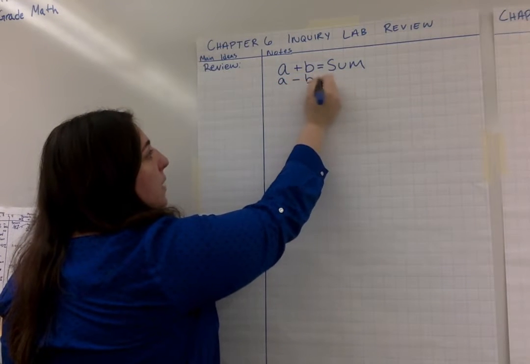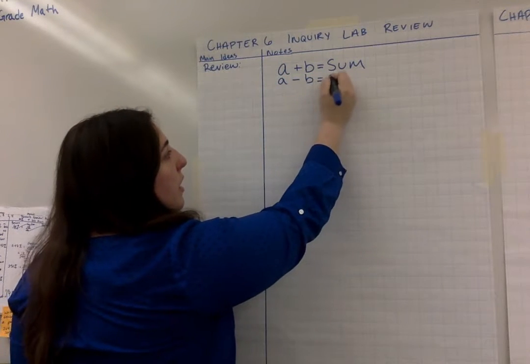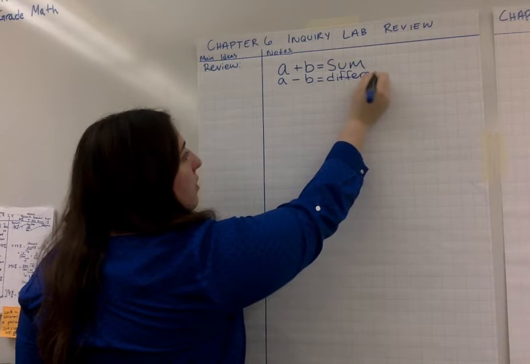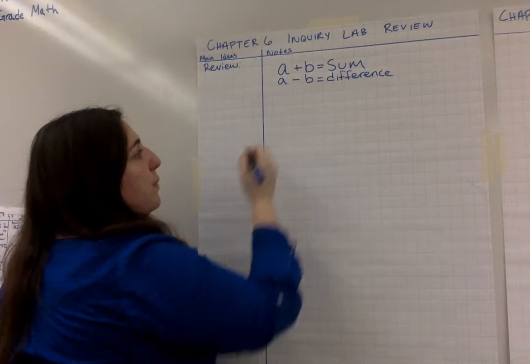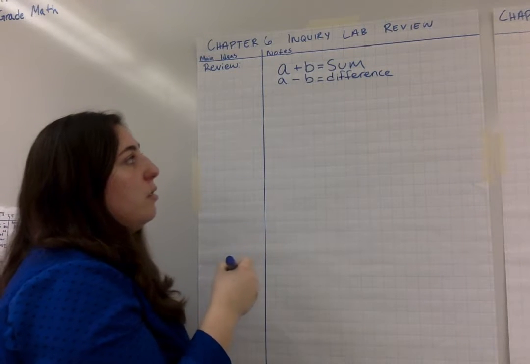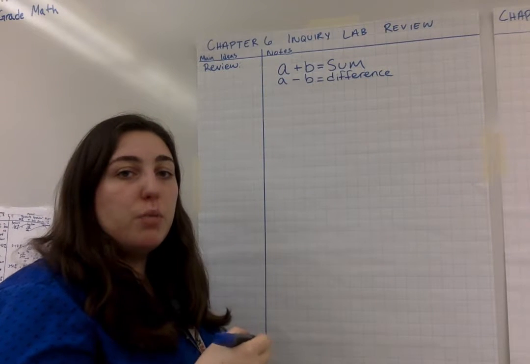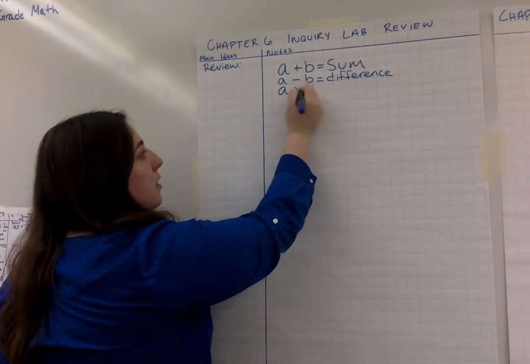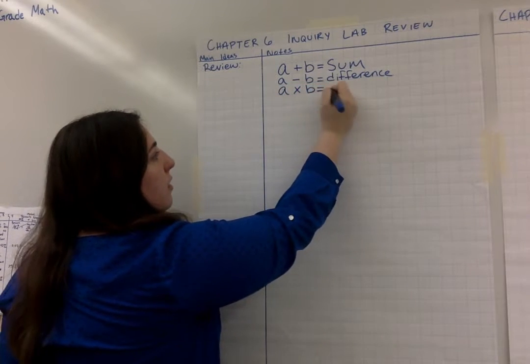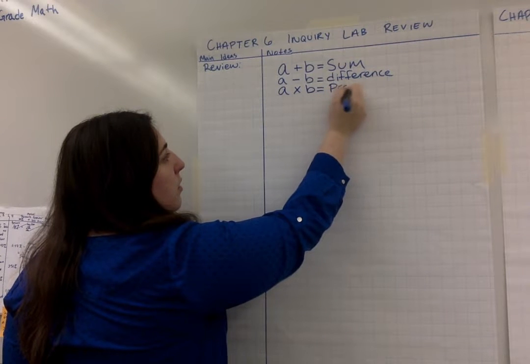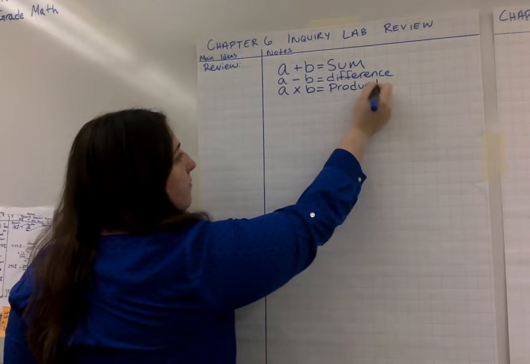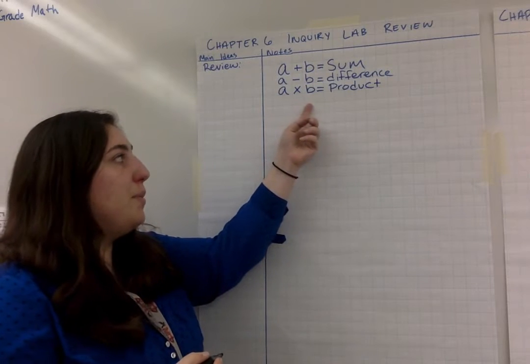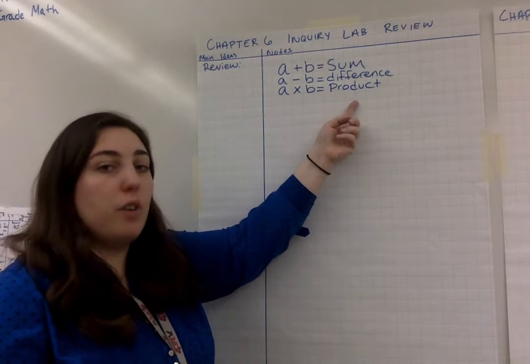A minus B would be the answer to a subtraction problem, which we call a difference. Okay, A times B. In this problem, A times B, we would have a product for our answer.